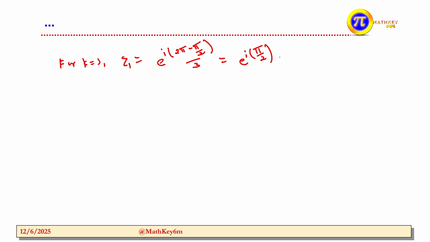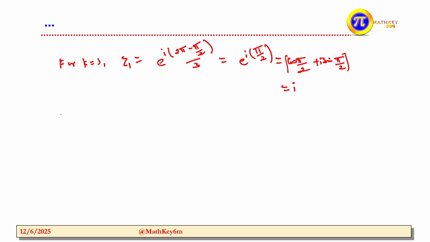This equals cos of pi over 2 plus i sine of pi over 2. Since pi over 2 is at this angle, cos of pi over 2 is 0 and sine of pi over 2 is 1. So it is i.